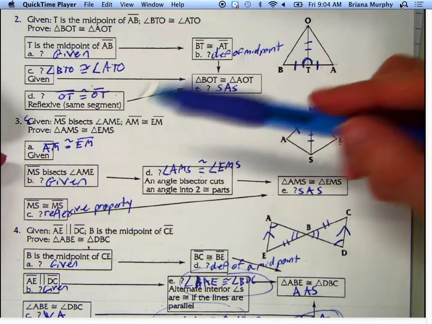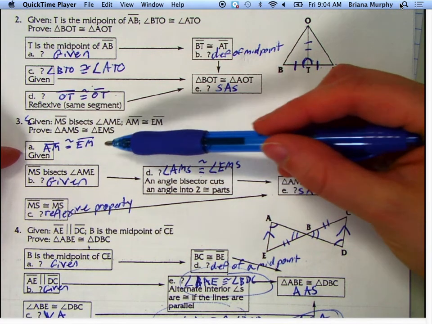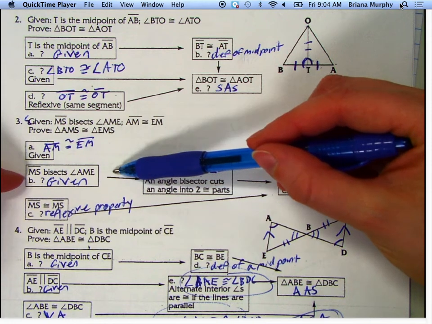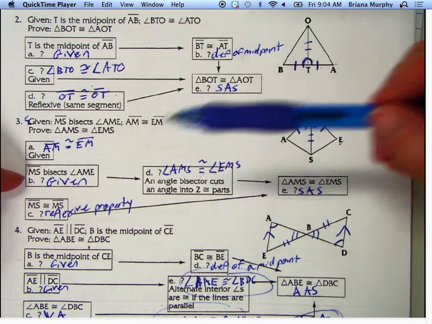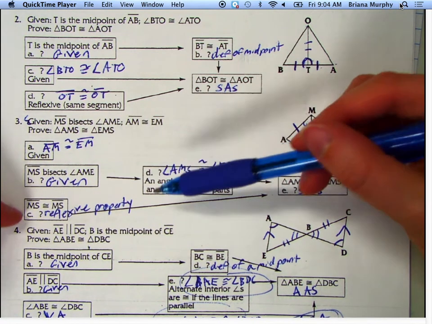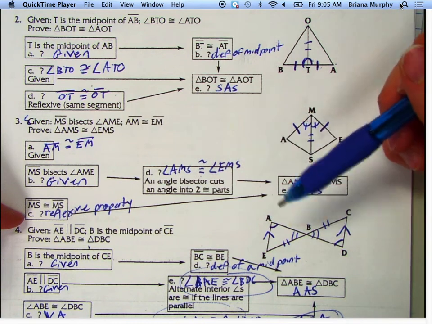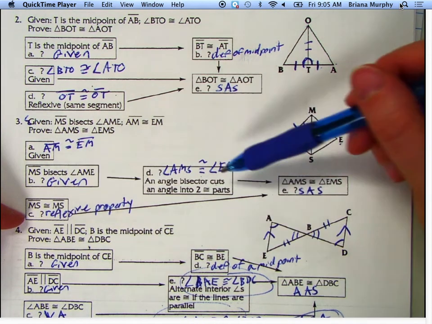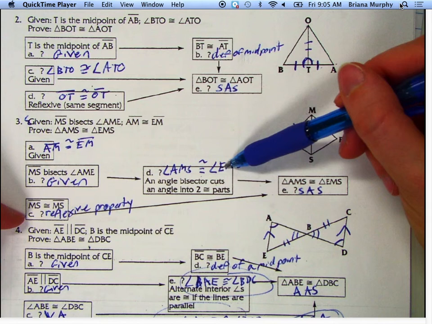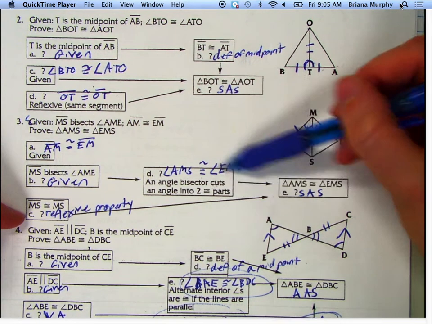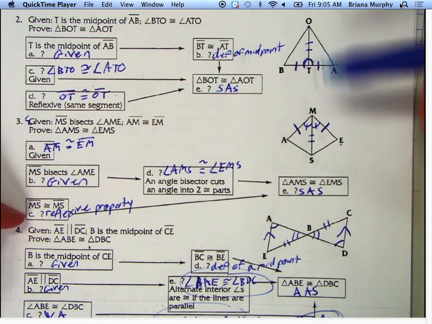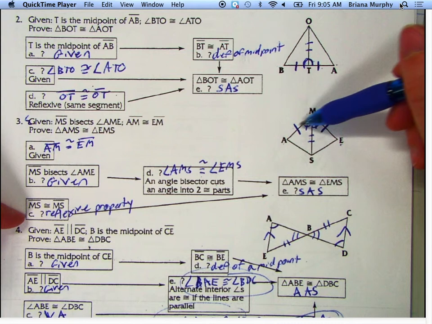So I've got my given, AM is congruent to EM. I've got MS bisects angle AME, given. I know that MS is congruent to MS by reflexive. Since it bisects, I know both sides of my angle are congruent by definition of a bisect. This is what that's saying. And then the two triangles are congruent by side, angle, and side.